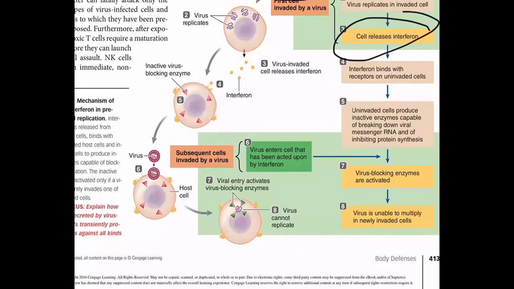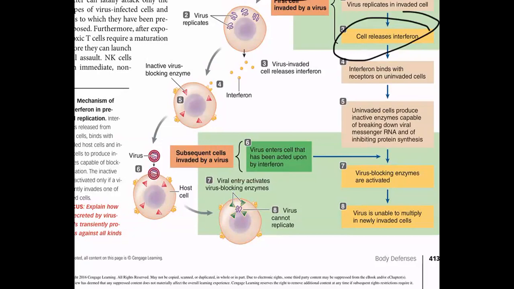So the interferon binds to this uninfected cell. Then once the virus reaches the cell, the cell will already have been told rhinovirus is coming, do something, so the cell inhibits the virus from replicating.